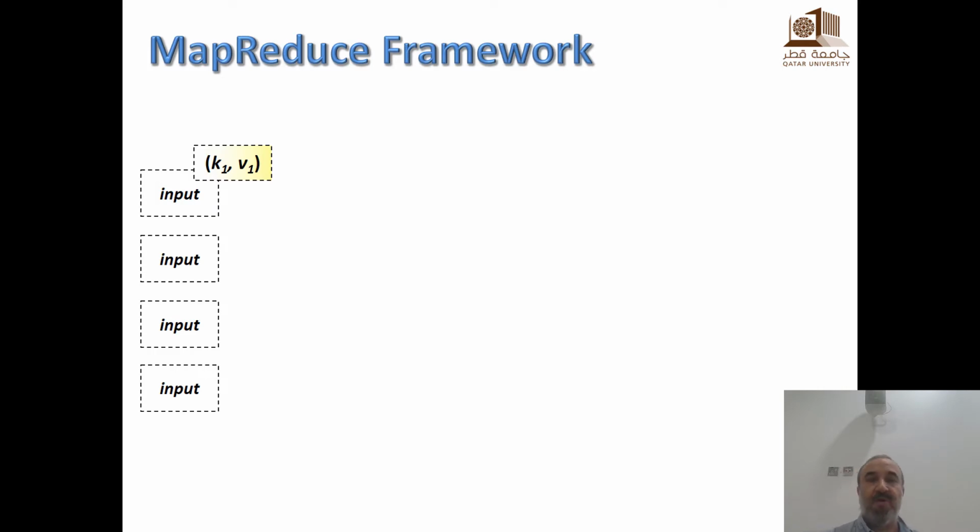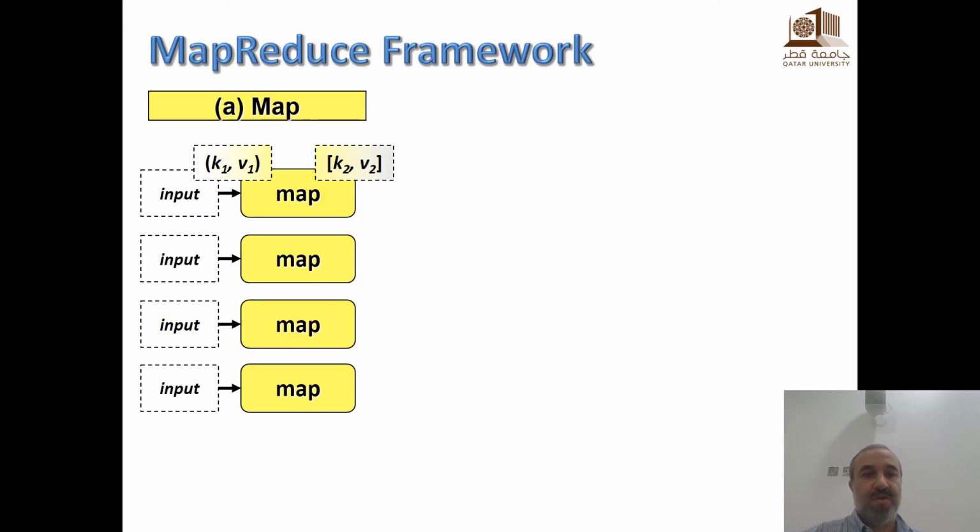Now, as we said, what is the idea of the map function? What does it do? It takes one record and produces something out of it. So every record here will be an input to the map function, which means that the map function will be executed over all records in parallel. Okay? So this is what we call the map phase.